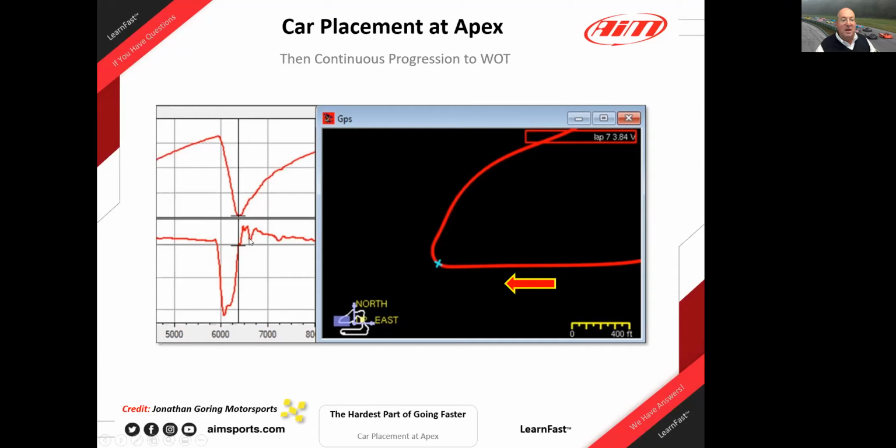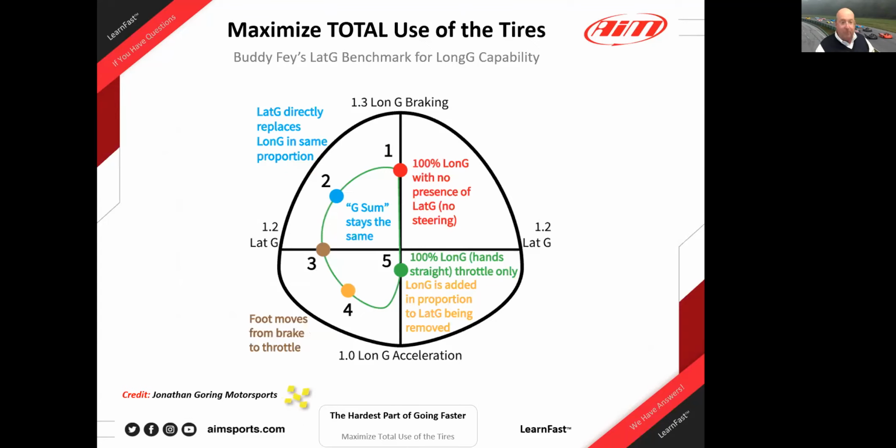Now, this could be a little breathe or a shift, most likely coming off the corner, and then we accelerate more, and then there's another shift, and then we accelerate more. But this is a wonderful, simple graph that tells you exactly what's going on, and this is really good. So moving on to the next thing.